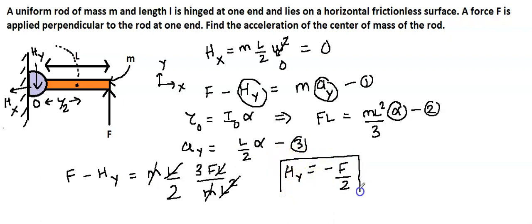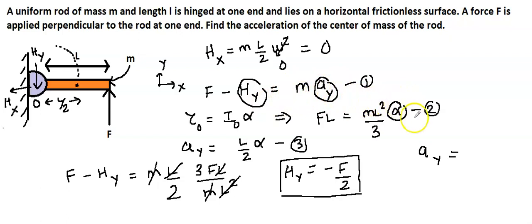Something's not right. Anyway, Hy is minus F by 2. So ay is F minus Hy by m from equation 1.